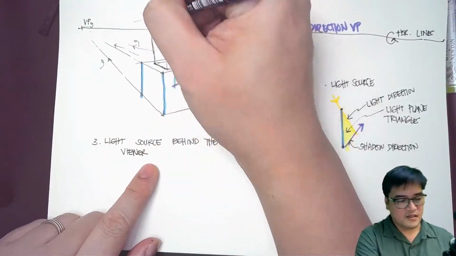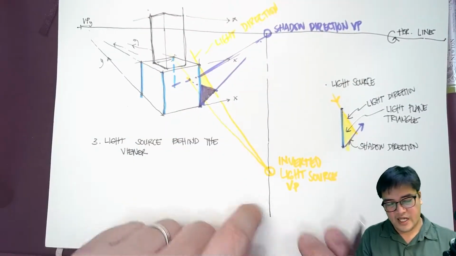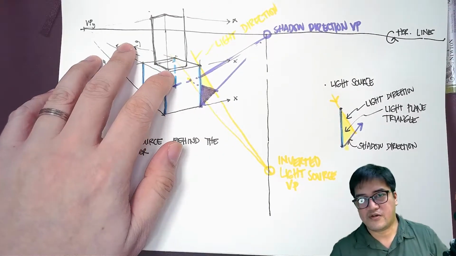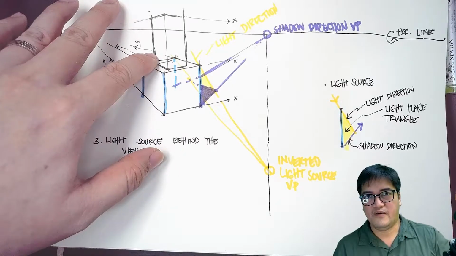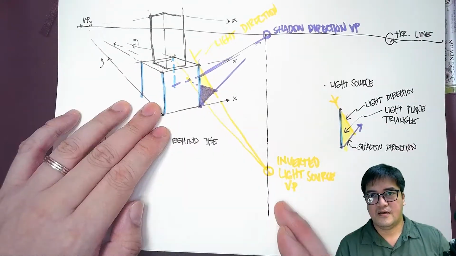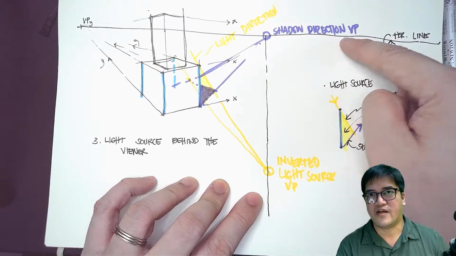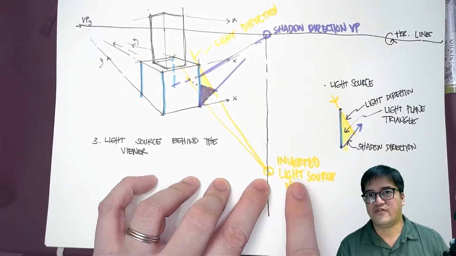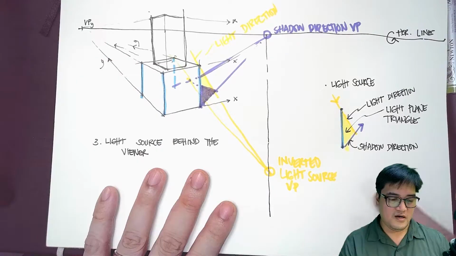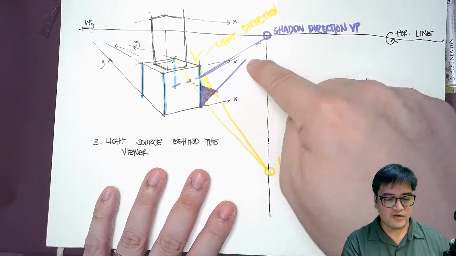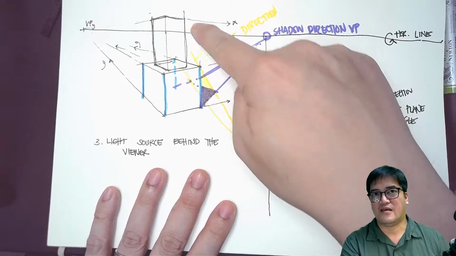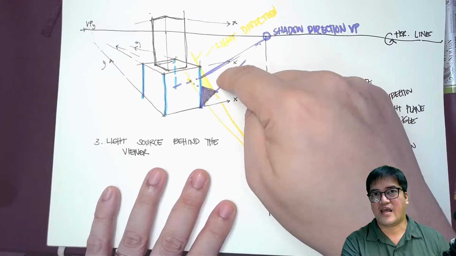Using the principles of shadow casting, this extra volume above the original structure still follows the shadow direction vanishing point and the inverted light source vanishing point. So how would you now determine the shadow cast of this extra volume onto the ground?